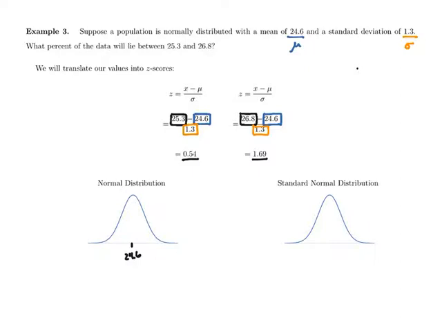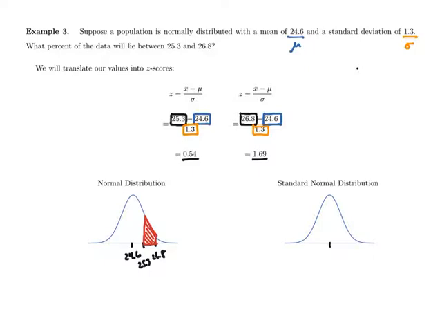So these values, 25.3, 26.8, the second one, we're trying to find the area in between those two values. But now we know that those relate to something in a standard normal distribution.